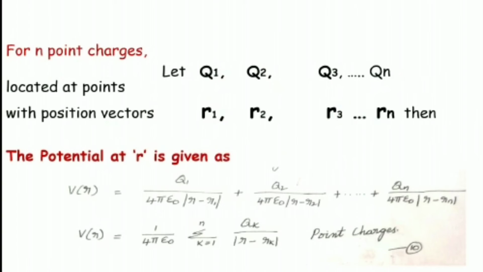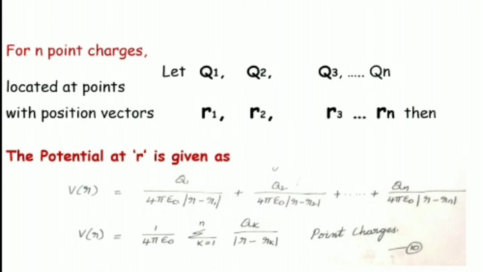Now let us consider there are n number of point charges, Q1, Q2, Q3 up to Qn, located at different points with different position vectors r1 dash, r2 dash, r3 dash up to rn dash. Then the potential at r is given as V of r is equal to the first charge Q1 divided by 4 pi epsilon naught magnitude of r minus r1, plus Q2 divided by 4 pi epsilon naught magnitude of r minus r2, plus so on up to Qn divided by 4 pi epsilon naught magnitude of r minus rn.